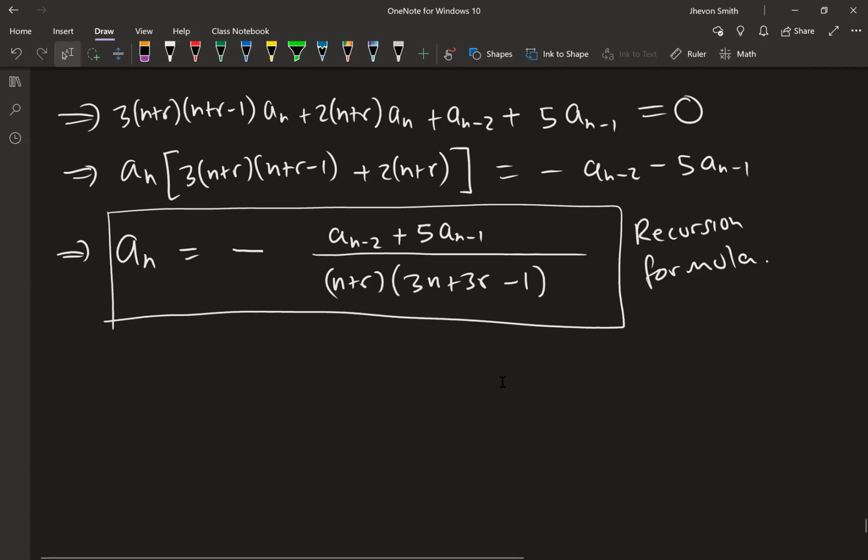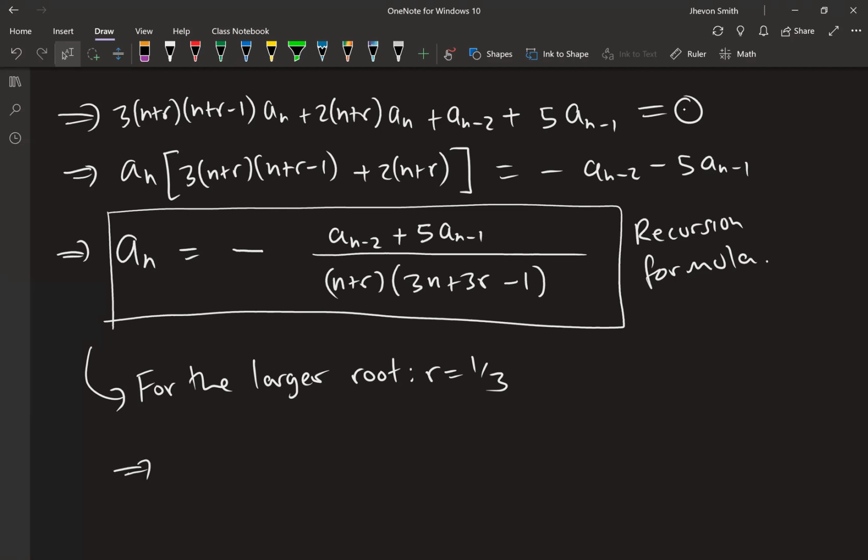Okay, so here for the larger root, that's the one they asked for specifically. For the larger root, which is r equals a third, you'd plug that in at this point.